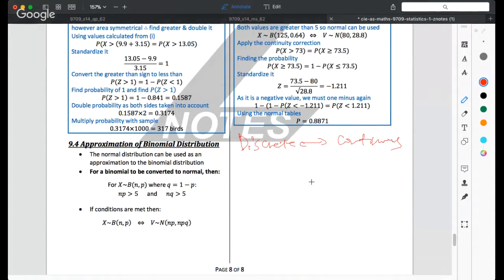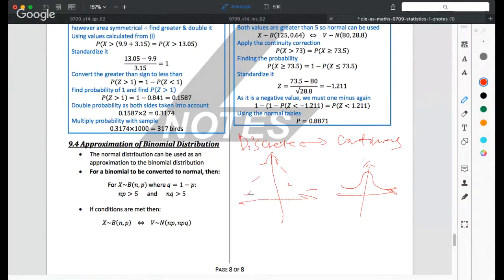Why can we do that? Because we remember for the continuous case, the normal distribution graph looks something like this. And about the discrete case, it also has some expectation value, right? Which just now I mentioned has the largest probability. So we also have some probabilities going something like this.